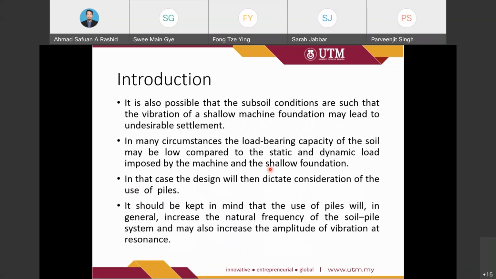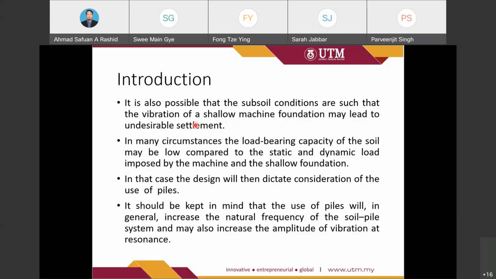It is also possible that the subsoil conditions are such that the vibration of a shallow machine foundation may lead to undesirable settlement. However, due to the subsoil condition, it may experience huge or excessive settlement.